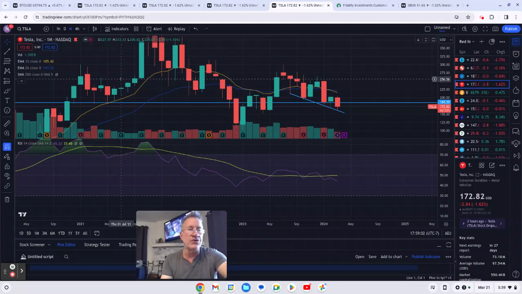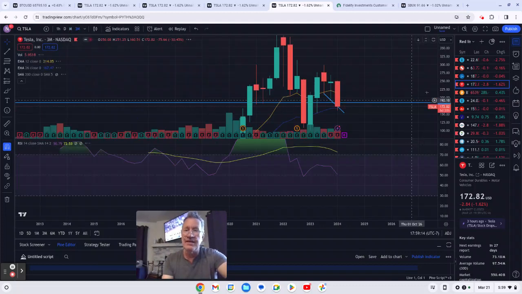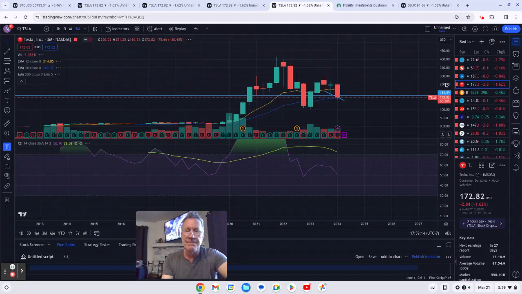It could be a quarterly. I haven't done this, but you could look at it as a 3-month time frame, right? We got January, February, March coming to the end. That's 3 months, and it's going to be the same thing. These are 3-month time frames.